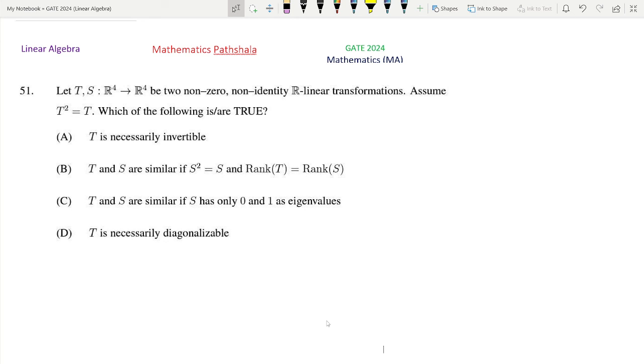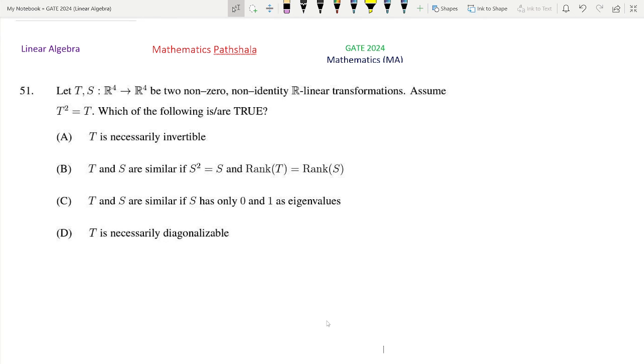Option B says that T and S are similar if S square equal to S and rank T equal to rank S. Option C says that T and S are similar if S has only 0 and 1 as eigenvalues. Option D says that T is necessarily diagonalizable.